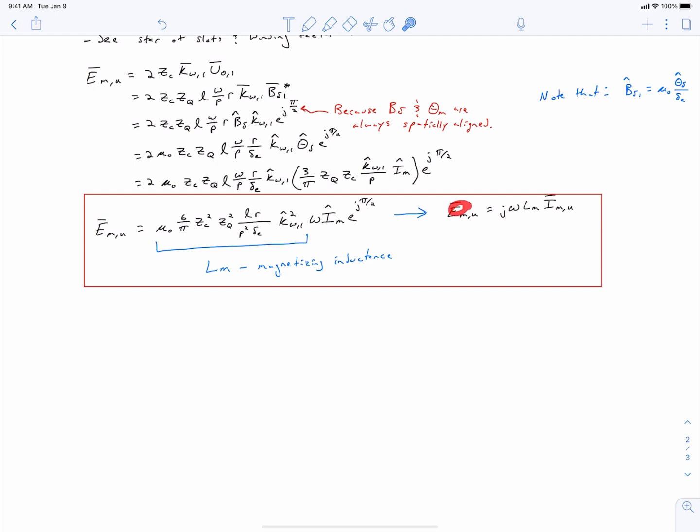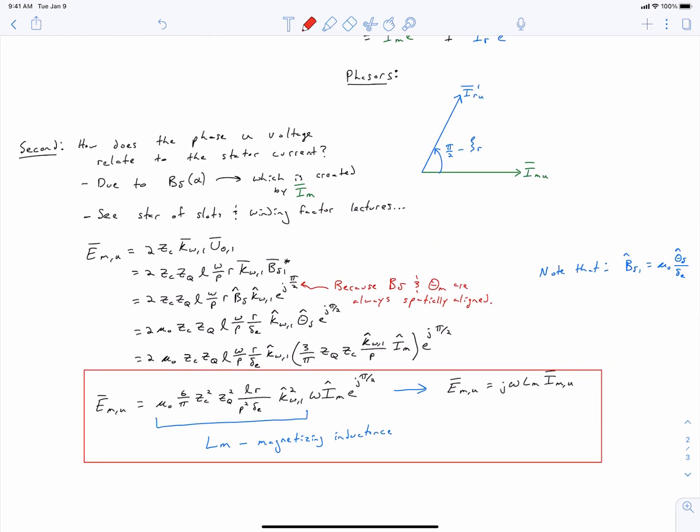So we're saying that our back EMF is going to be rotated from our magnetizing current by pi by 2. And it's going to relate to our magnetizing current through our magnetizing inductance. So we can add this to our phasor diagram above. Our back EMF of phase U is going to point up vertically.